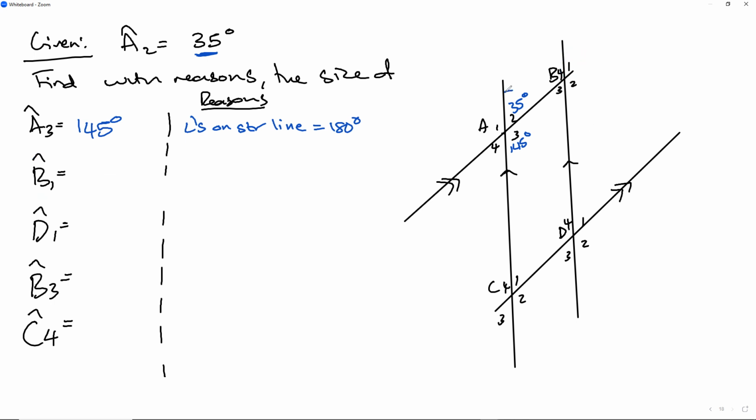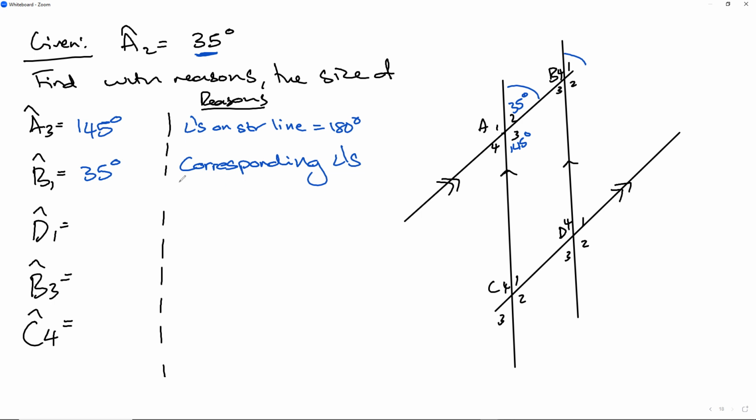B1 is over here. B1 and A2, you can see they both lie in the top right-hand corner of the intersection of two lines. So these two angles are corresponding angles and equal. So B1 is going to be 35 degrees, and the reason is corresponding angles because they correspond to each other. We also have to state the parallel lines that are creating this.